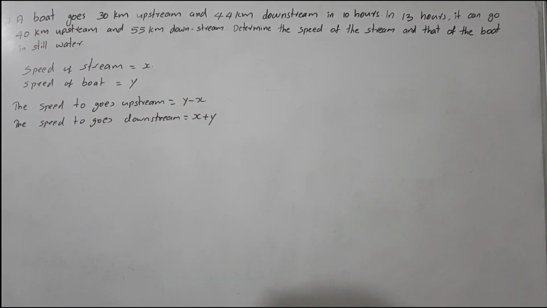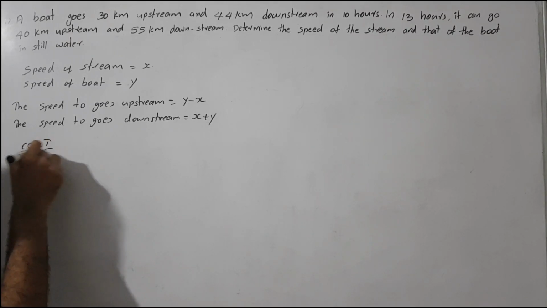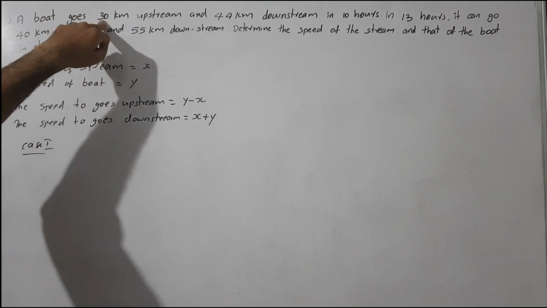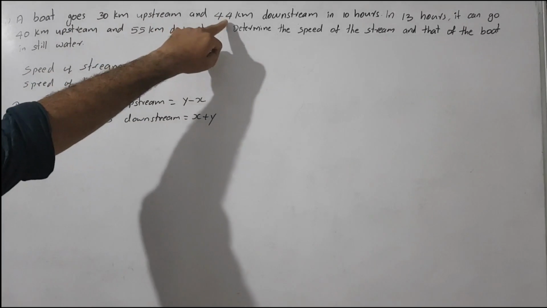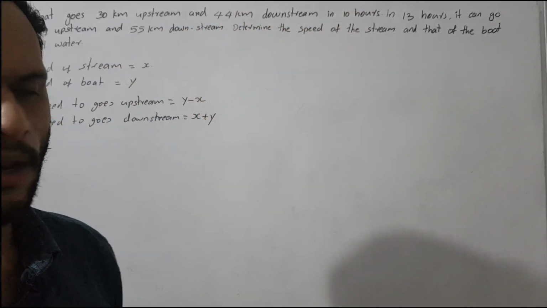Then we have the two cases. What is the first case? Case 1: the boat goes 30 kilometer upstream. What is the distance to cover downstream? 44 kilometer. What is the total time? 10 hours. Correct?